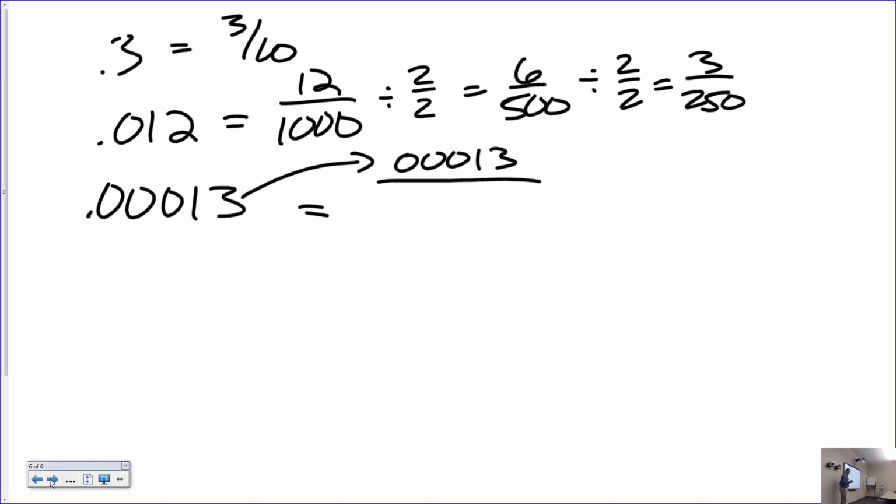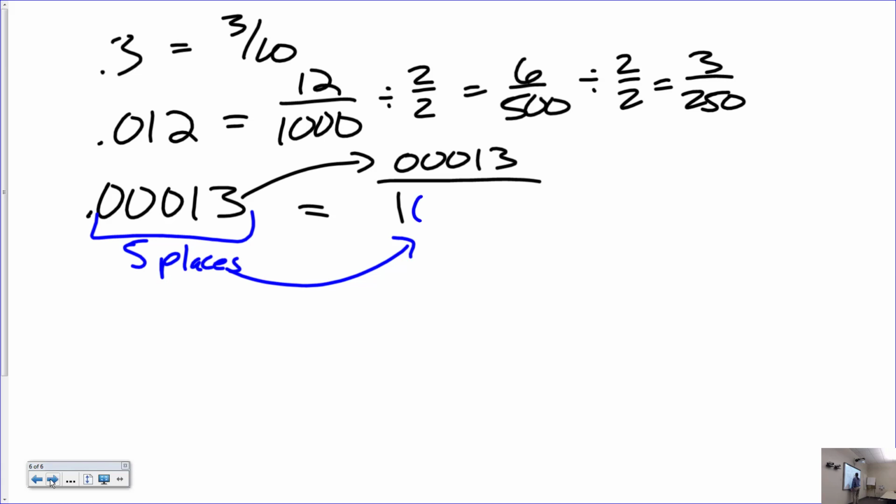The number that goes below is always 1, and then there are 5 places after the decimal. Guess how many zeros there are? 5. Always works.